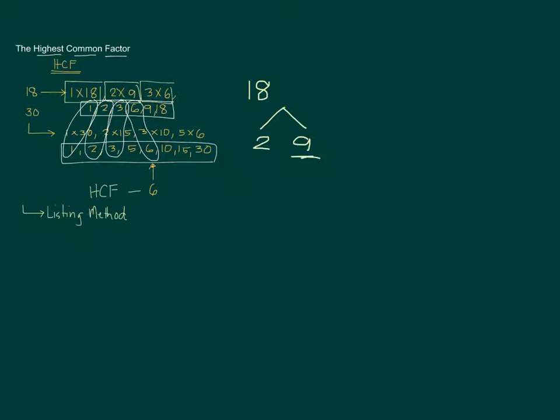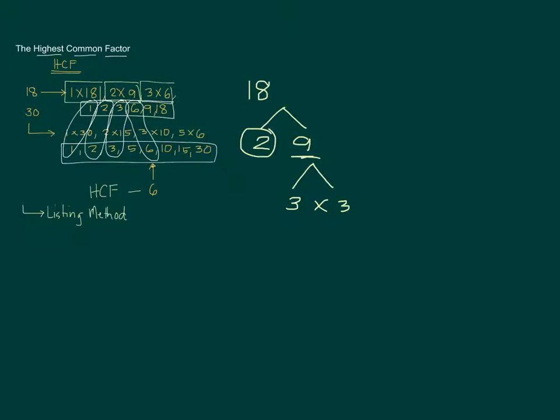Since 2 is already a prime number, I can leave that now. Then work on the 9. And 9 is the same as 3 times 3. Note I didn't use 2 because I know that 9 is an odd number, so I use the next prime number, which is 3. Most people will know that 9 is equal to 3 times 3.